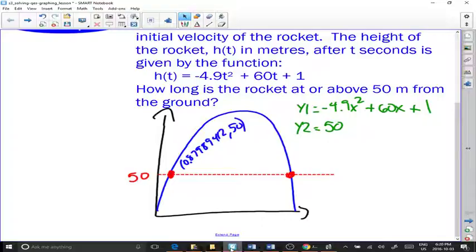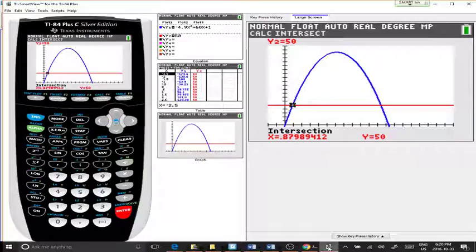And then we want to find the coordinates of the second intersection point. So we go second calc, option 5. Because we want to find the second intersection point, it's important for us to move the cursor closer to where the second intersection point lives. So that at least means we should go over the maximum.